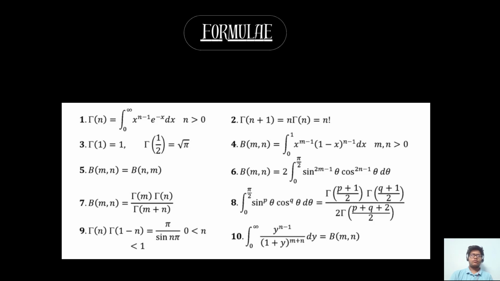Similarly, one more formula of the gamma function is gamma of n plus 1 is equal to n gamma n, which is also equal to n factorial.